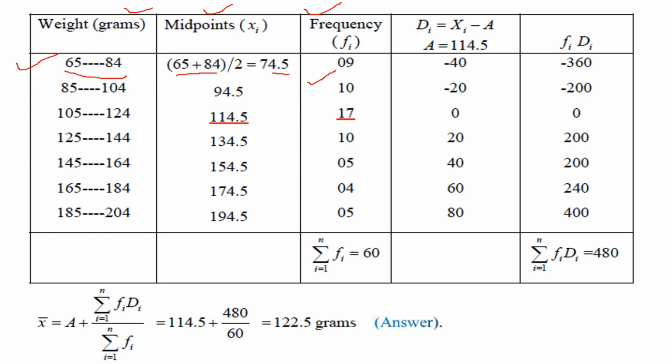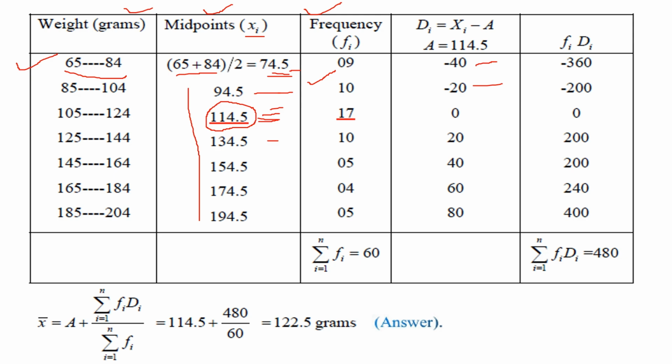We select any value from these xi. Let us take 114.5. We subtract this 114.5 from each observation of xi, meaning 74.5 minus 114.5, which is minus 40. Similarly, 94.5 minus 114.5, which is minus 20, and 114.5 minus 114.5, which is 0, and so on.